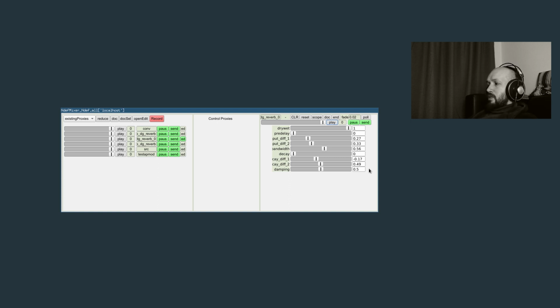If we increase the diffusion, we get more echoes in the impulse response, so echo density grows, but at the same time we get more resonances. We want more echoes but fewer single resonances in the spectrum.